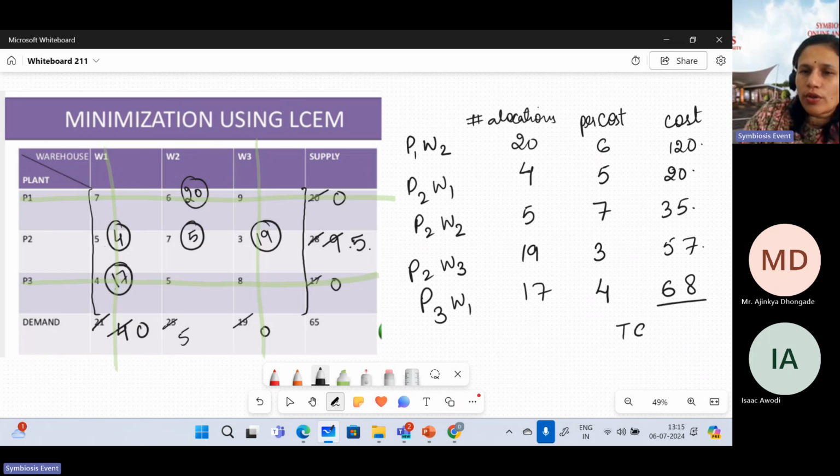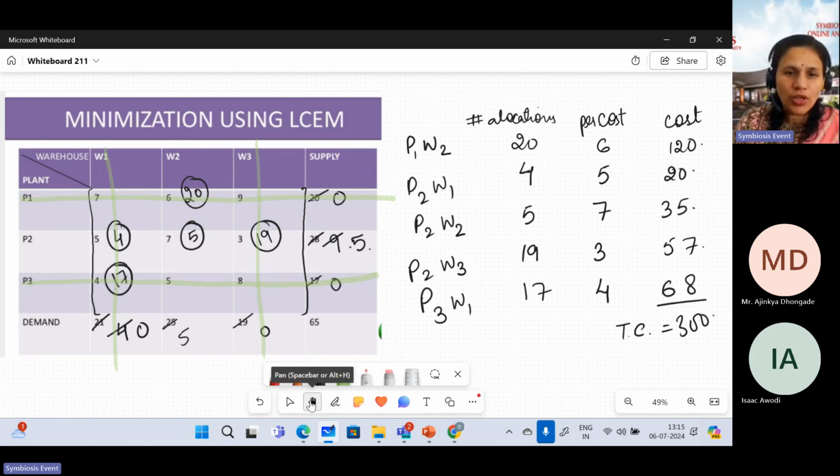And therefore the total cost is going to be... So I'm getting the value 300. It is coming 300, right? So 300 is the total cost.